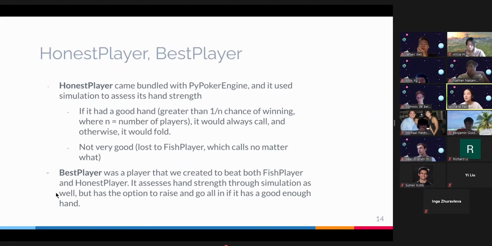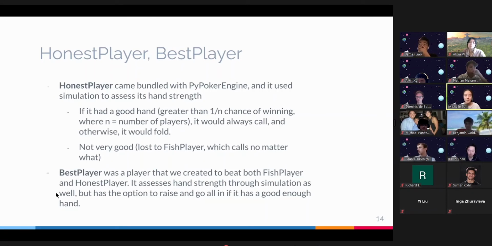It would take its current hand, simulate 1,000 games, and look at the outcomes depending on different actions it would take. It wasn't very good because, as the name suggests, it only played good hands and otherwise it folded.